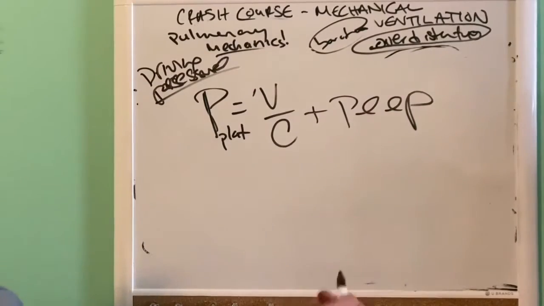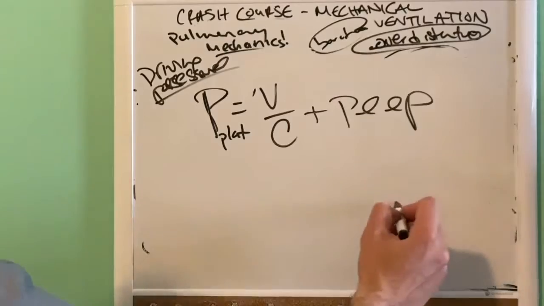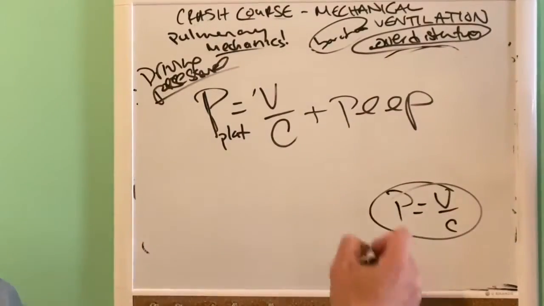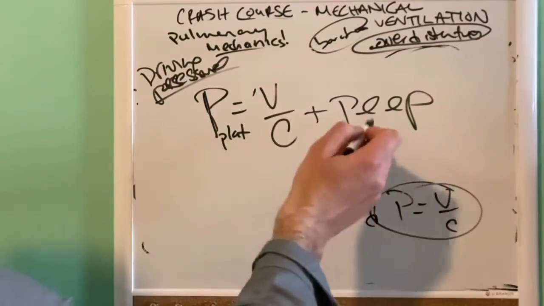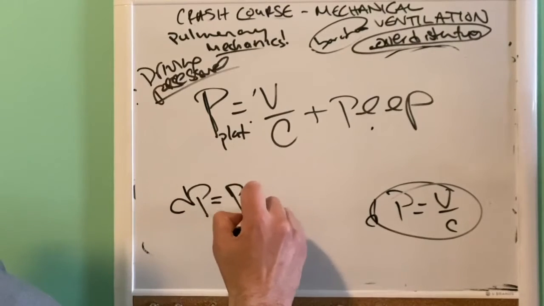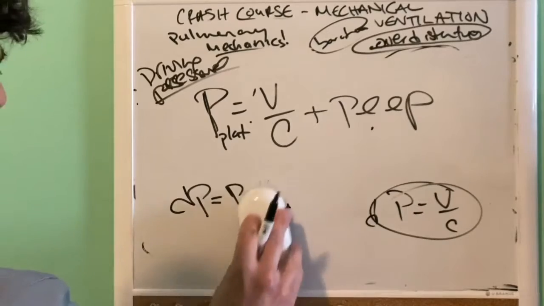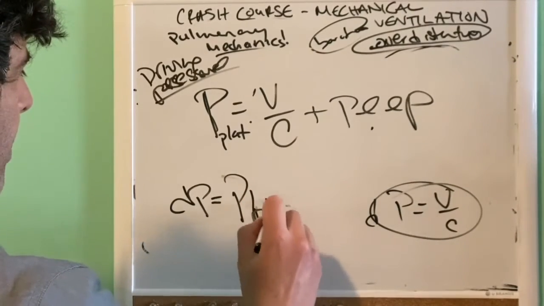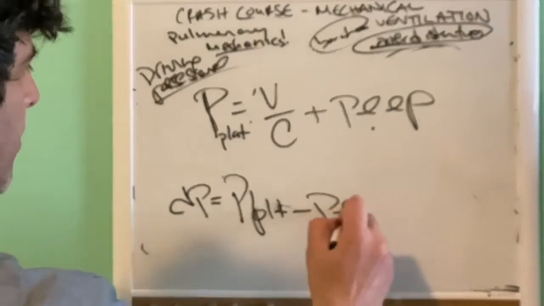So essentially, if you flip this around and say that in general, pressure equals volume over compliance, and you want to know what the driving pressure is, then if you put this over here, your driving pressure equals your plateau pressure, we'll just say P plat, minus the PEEP.